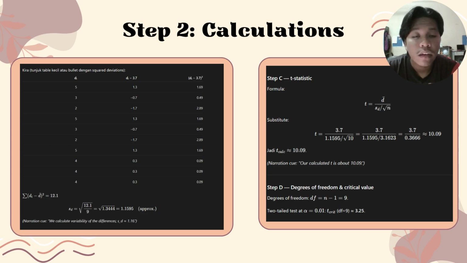So we all know that the formula has the sum of di minus mean d, squared. You guys must be confused about how to get this. So just list all of the things that we got to make it easier to count.